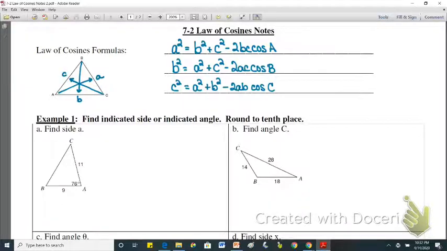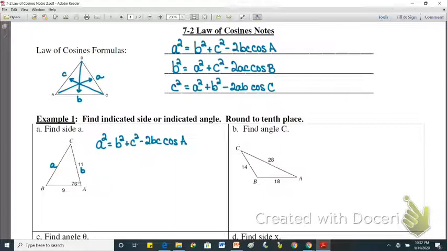So looking at example 1, I want to find side A. That is this one right here. Since I want to find side A, I am going to use the equation with A squared equals. So I'm going to write the formula: A squared equals B squared plus C squared minus 2BC times the cosine of A. Okay, I'm going to go ahead and label my other sides so I know which one's which.